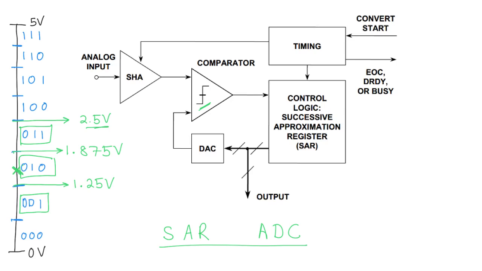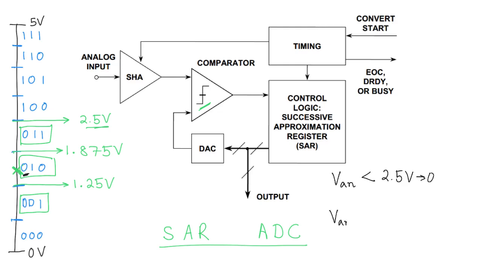Okay, so look at the conversion then. The first number that we got was 0, right? Because our analog value, let me write this as V analog, was less than 2.5 volts. So we got a 0 as our first bit.